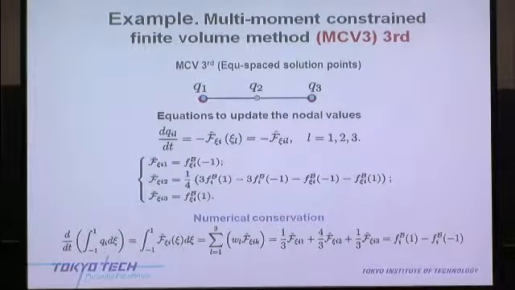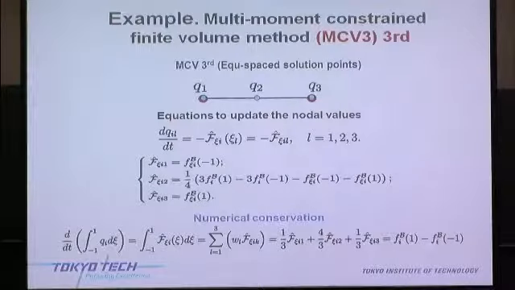So it's very simple. This line just shows you the exact numerical conservation. You sum up this weighted flux and first order derivative of the flux function over this mesh cell, and you get exactly the net flux, the difference between the flux flowing in and flowing out.